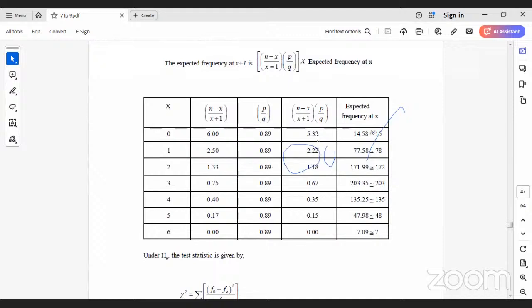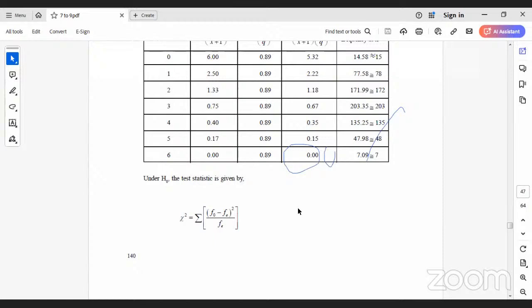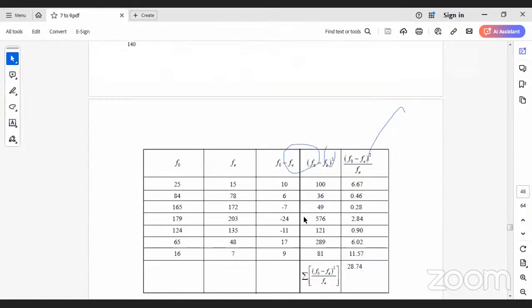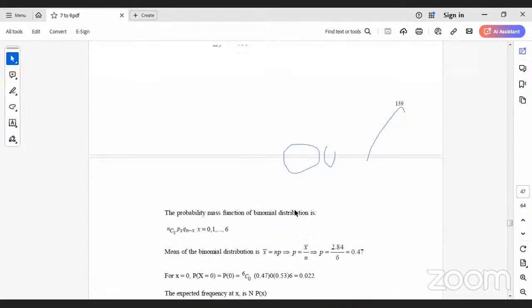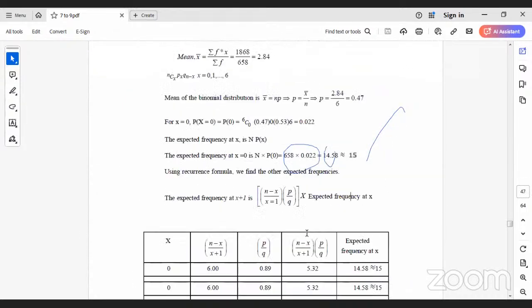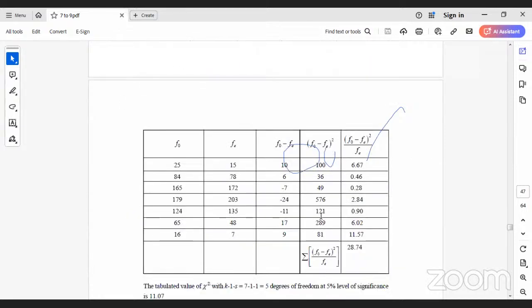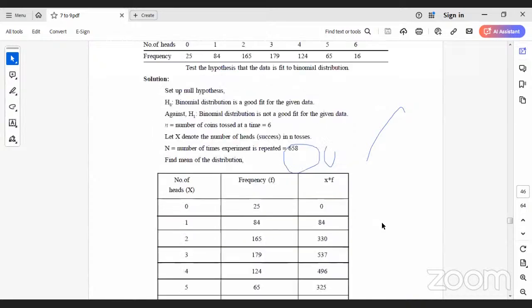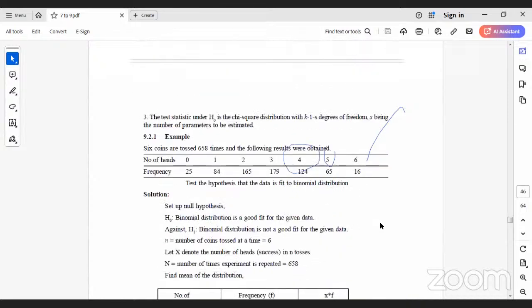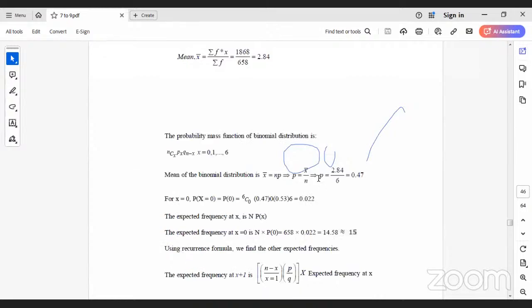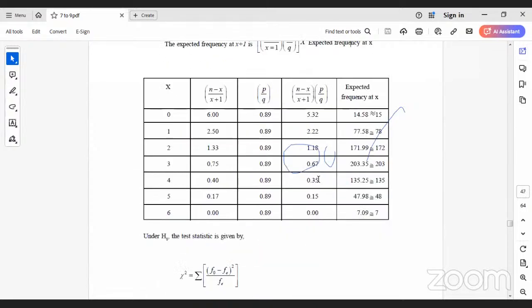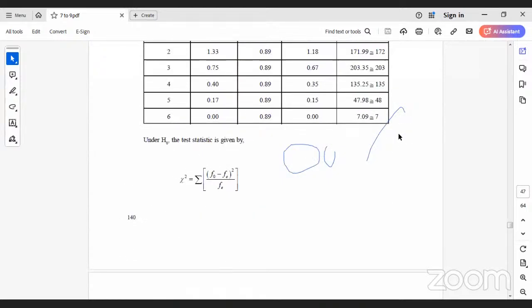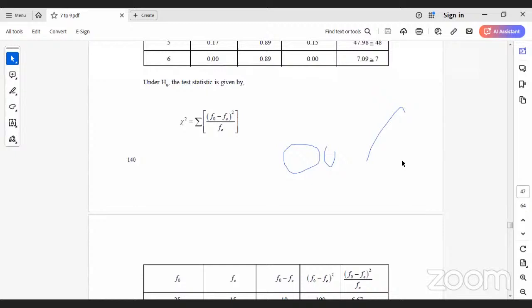So the values are p by q, and we multiply them with the previous expected frequency. Chi-square is equal to the sum of (f naught minus fe) whole square by fe. Here f naught is what is given in the problem: 25, 16, 1578. The fe values we take are 15, 78, 172, 203, 135, 48, 7.